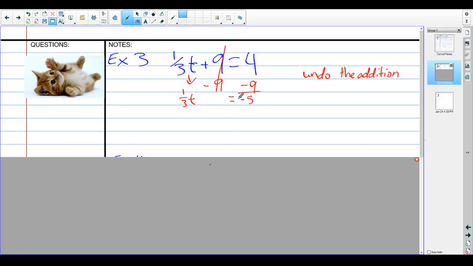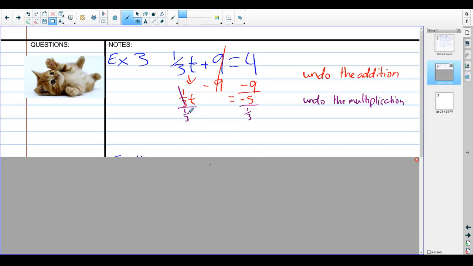Our second step, since it's 1/3 times t, we need to undo the multiplication. We need to divide both sides by 1/3. Okay.